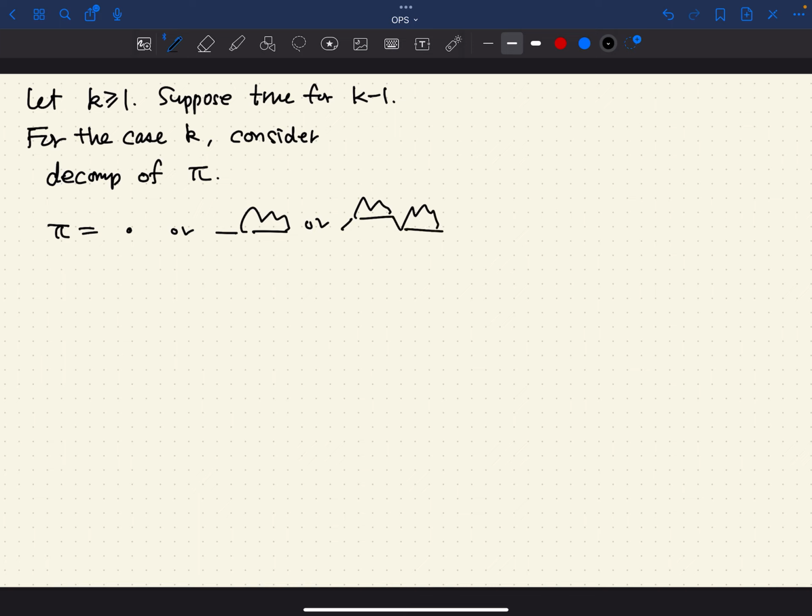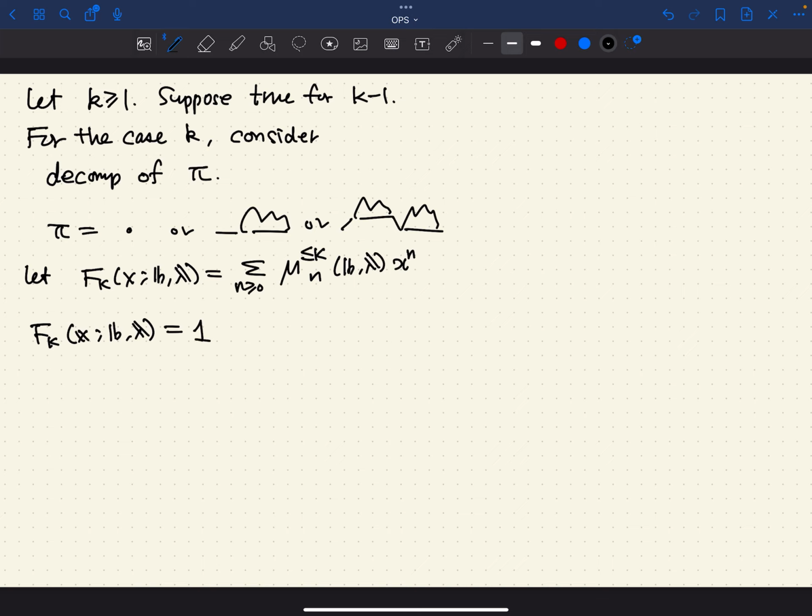So that means the generating function for this, let's use this notation, because we cannot really write it all the time. It's the generating function for this. Okay, the usual way. Using this decomposition, if it has no steps, then there's 1.